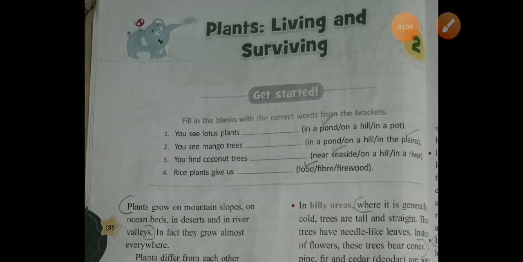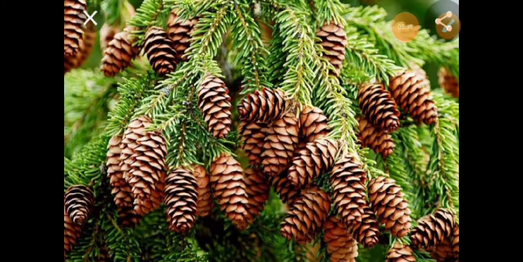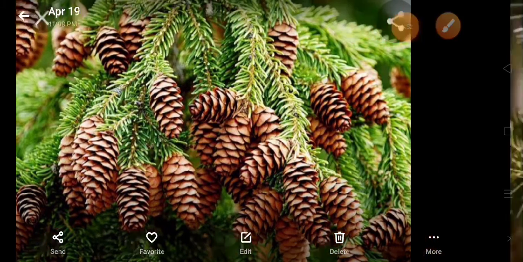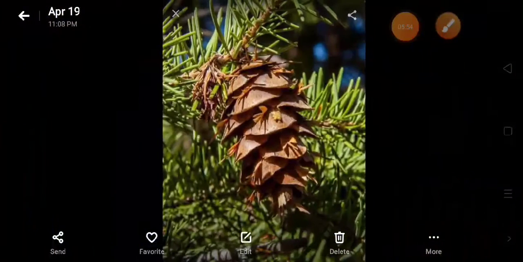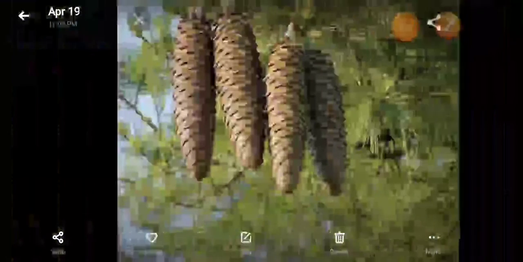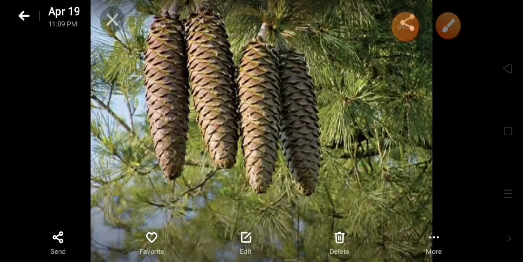Okay, students, I will show you the images of trees and plants that grow in hilly areas. Okay, see, on these trees, instead of flowers, they bear cones. Okay, like seed we see now, that is called cones.